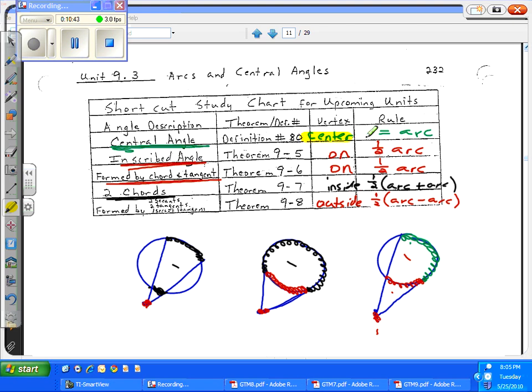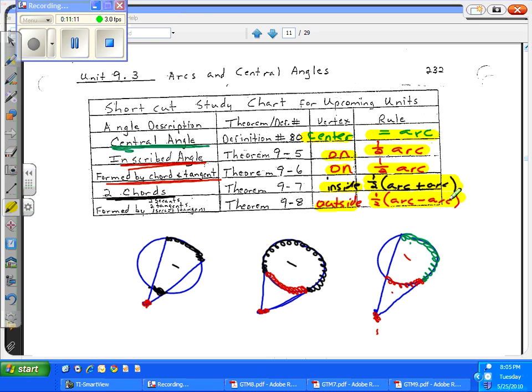If the vertex is the center, the angle is equal to the arc it hits. If the vertex is a point on the circle, then the angle is half of the arc it hits. If the vertex is inside of the circle but not the center, then it's half the sum of the arcs. It's the average of the arcs. If the vertex is outside the circle, then the angle is one half the difference in the intercepted arcs.